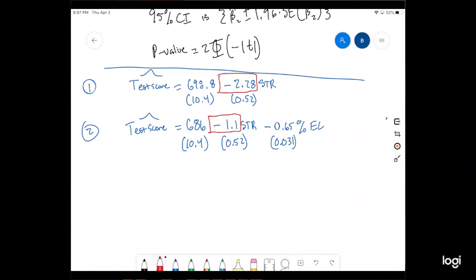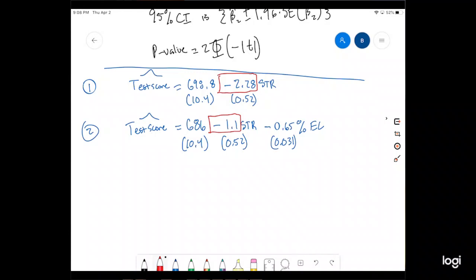We actually see this in practice: by adding percent English language learners to the model, the coefficient on student-teacher ratio declines in absolute value. It goes closer to 0, meaning the effect size is diminished when we control for this additional variable. And we saw at the beginning of lecture note 6 that that's the case because of the correlation structure between percent English language learners and student-teacher ratios, and percent English language learners and test scores.